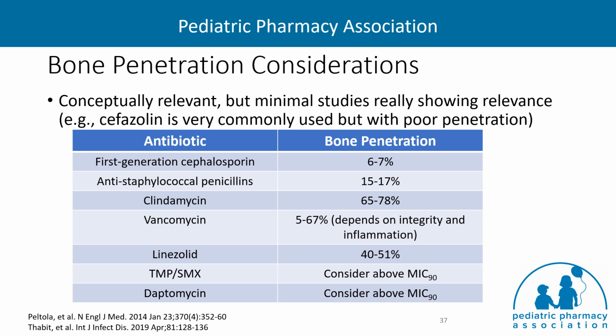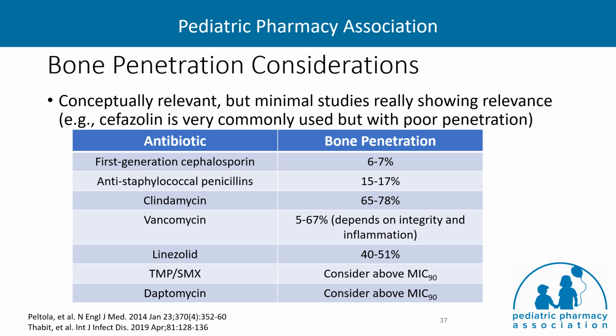Now, one other concept you should be aware of is that bone penetration always comes up as to, okay, which drug gets me the best concentrations there? Conceptually, this should be super relevant, but there's not really many studies showing that low bone penetration definitely leads to poor outcomes.